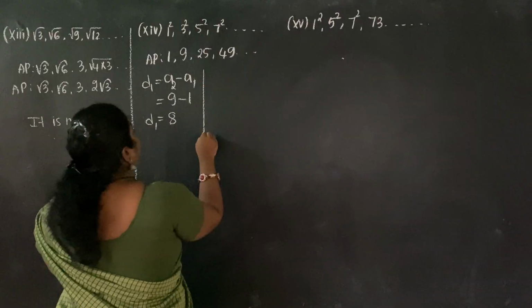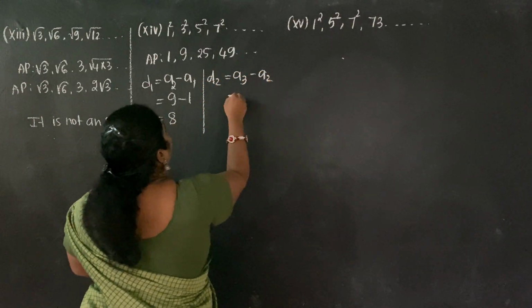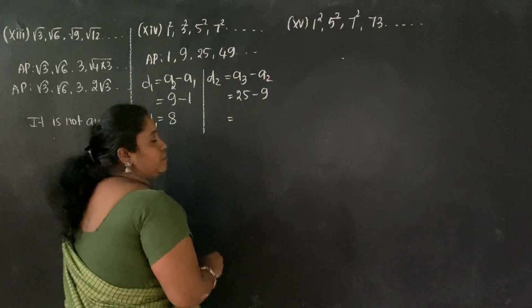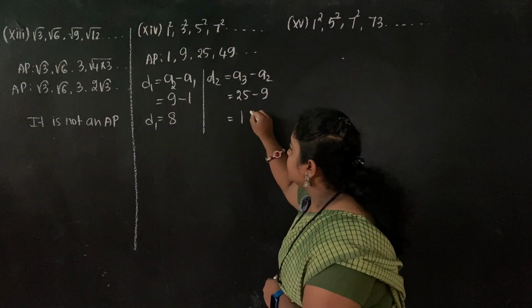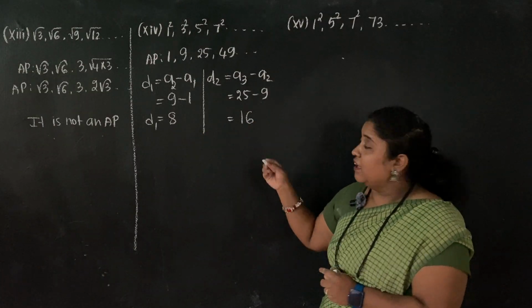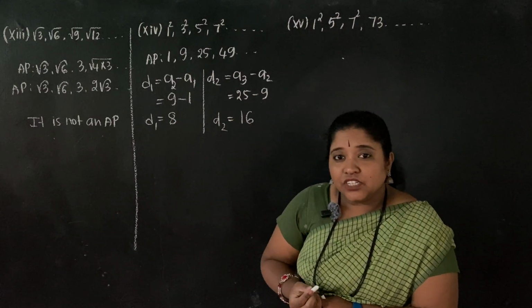Okay, let me calculate D2 here. D2 is equal to A3 minus A2. A3 is how much? 25 minus 9. Just subtract, dear. 25 minus 9, how much will I be having? 16, isn't it? Are they same, dears? No. D1 is literally different than D2. Can I take a decision here?